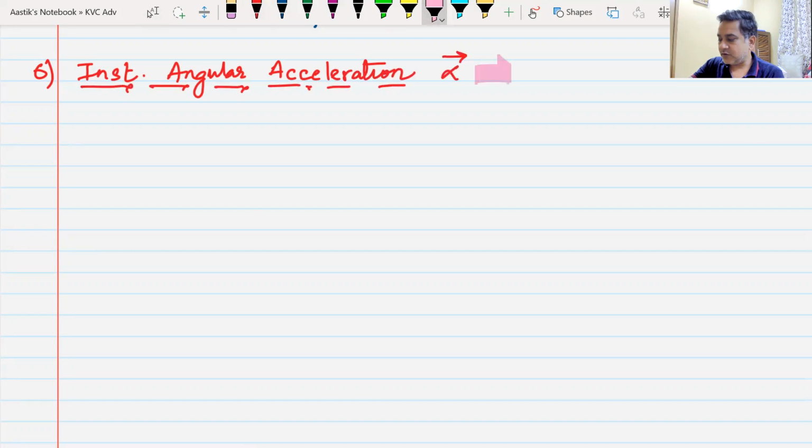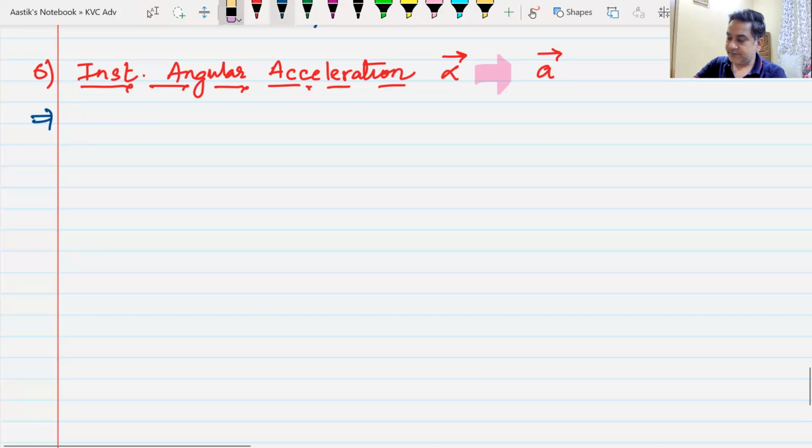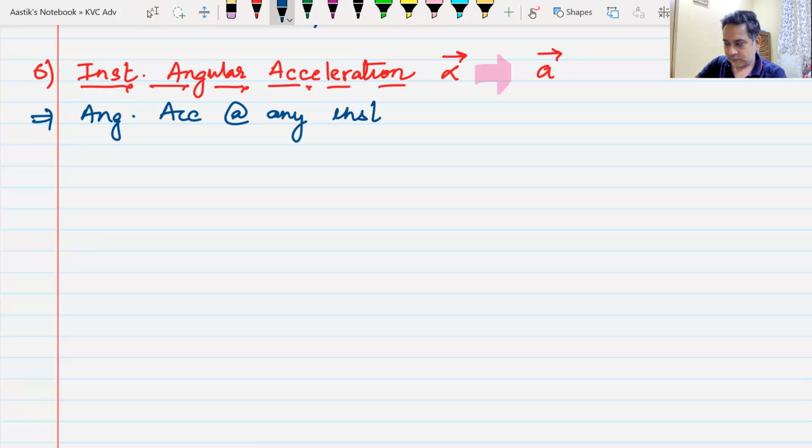This should remind you of instantaneous acceleration. What it actually means is the angular acceleration at any instant.